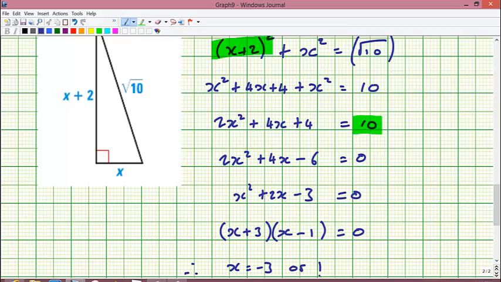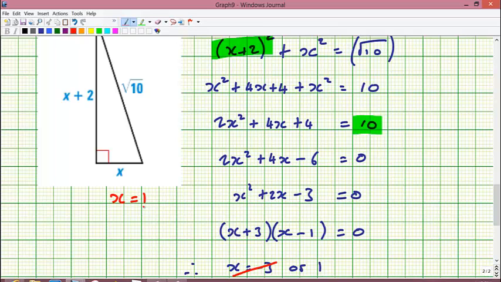Now if we look at the context of the question, we've got a triangle who has a side of length x. Now there is no way that this can possibly be a negative. The concept of a negative distance is meaningless. So we can decide straight away that the negative value has no meaning, so x must equal 1 in this case.